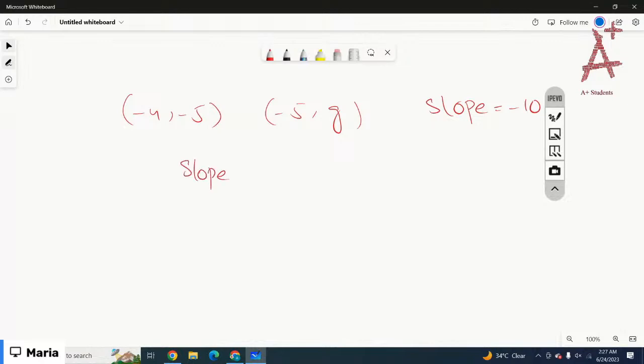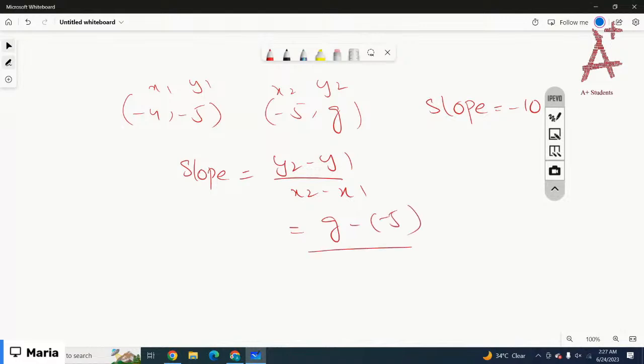So it would be slope equals y2 minus y1 divided by x2 minus x1. x1, y1, x2, y2. y2 minus y1, g minus negative 5, divided by negative 5 minus negative 4.